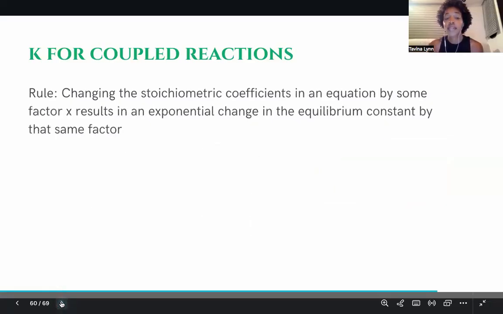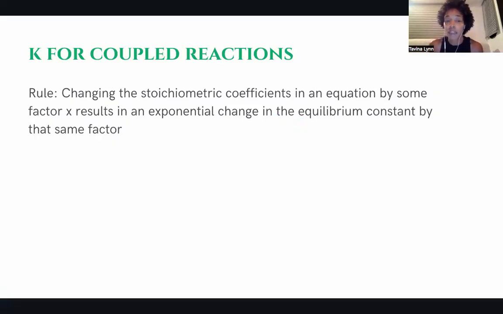All right, so our second rule has to do with changing the stoichiometric coefficients. So if we change it by some factor, we see an exponential change in the equilibrium constant by that same factor.